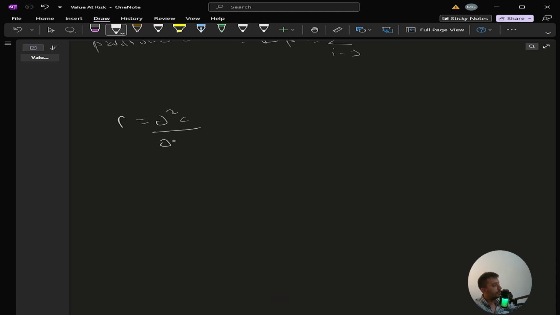Gamma of a call and gamma of the spot equal the second partial derivative. Okay, this is already a partial derivative formula here. What does that mean?